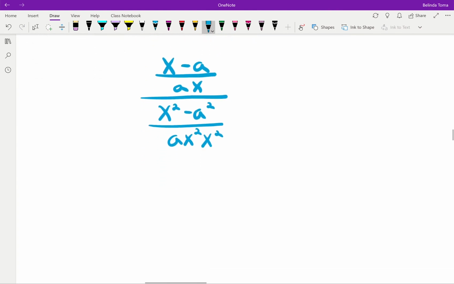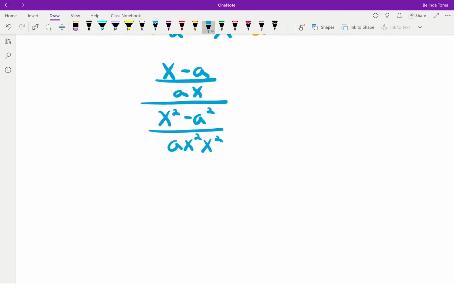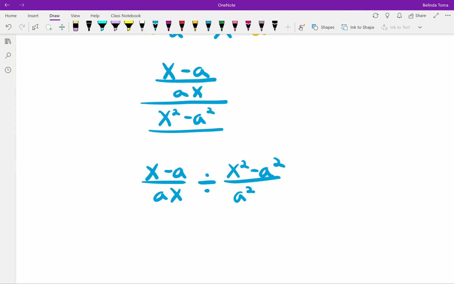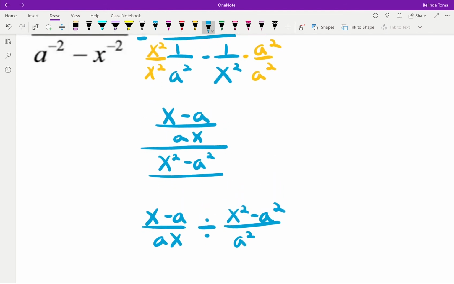And now we're going to recall that we can rewrite this as division. So the fraction bar becomes a division symbol. I wrote that denominator wrong, didn't I? My apologies. A squared x squared is what that should be.